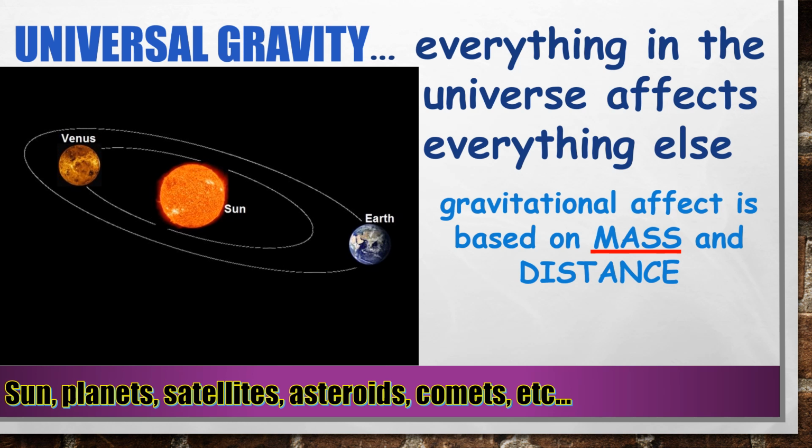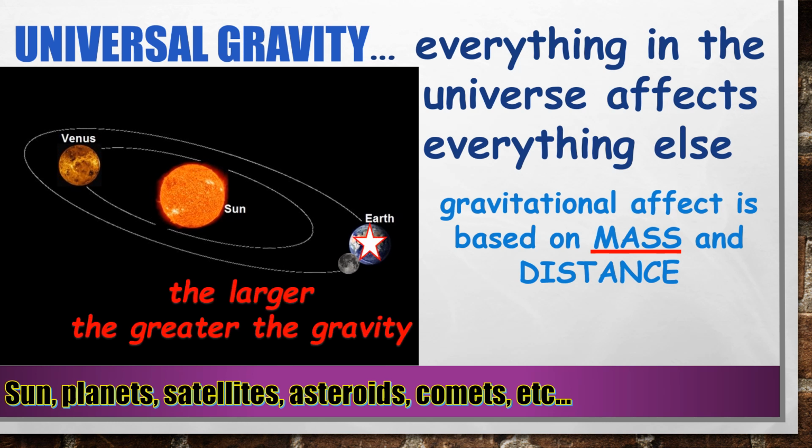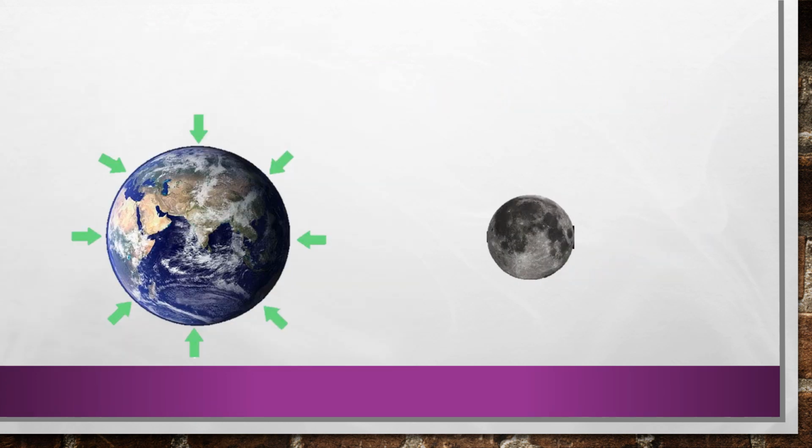When I look at the idea of mass, if I have the moon and the Earth close together, because the Earth is so much bigger than the moon, there is more gravitational pull on the Earth than there is on the moon. Right? So distance and mass are going to affect how universal gravitation happens. It also has to deal with the idea that when I have a size of an object spinning at approximately the same rate in its rotation, then we're going to increase our gravity as well.